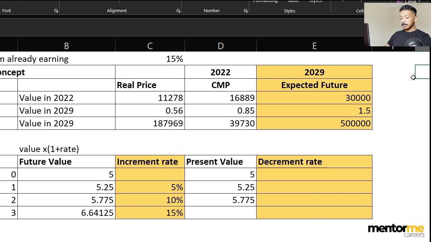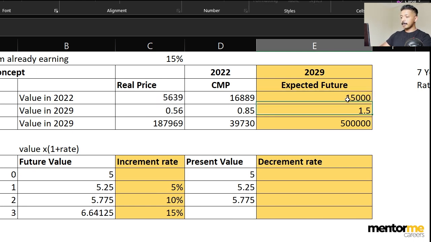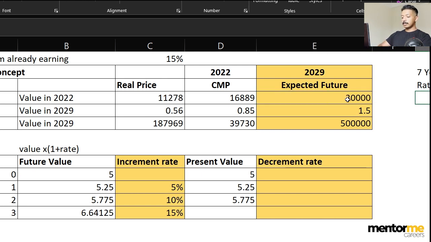So the 7 years between 2029 and 2022 is a factor in deriving the real price. The second is the rate of growth assumed for the future, because if this value is not 30,000 but, let's say, 15,000, then the values are pretty different. And finally, the rate of discounting is also in play.